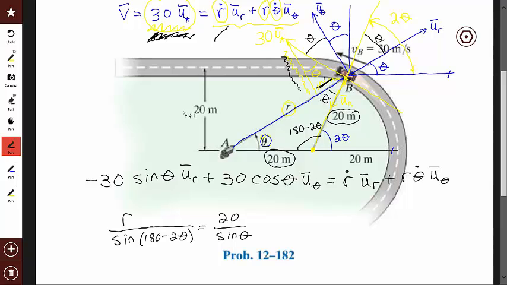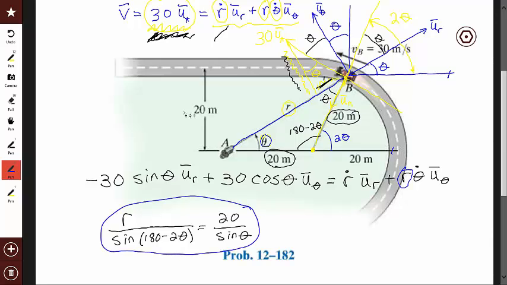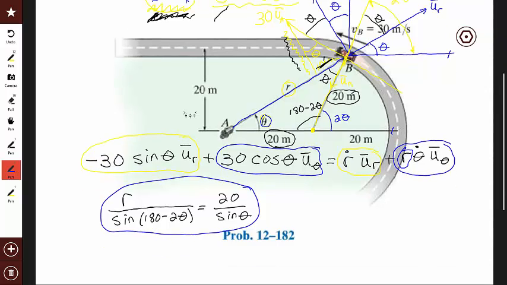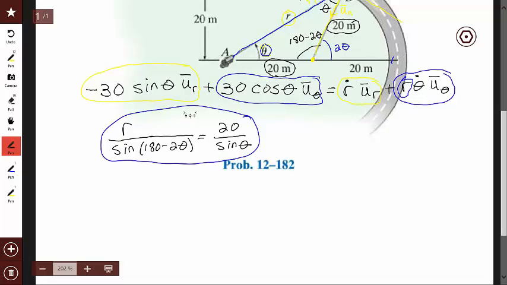Okay. So now I can solve the last equation right here for R. I can put that R into this formula, and then I will take the UR piece over here and set it equal to the UR piece over here, and I will take the U theta piece and set it equal to the U theta piece right there. So the equations that I have are the following.